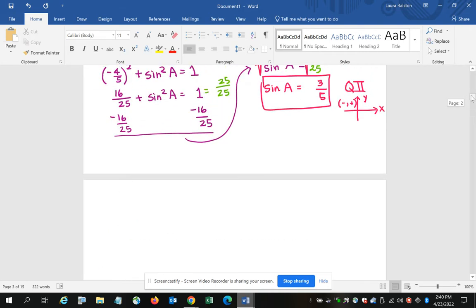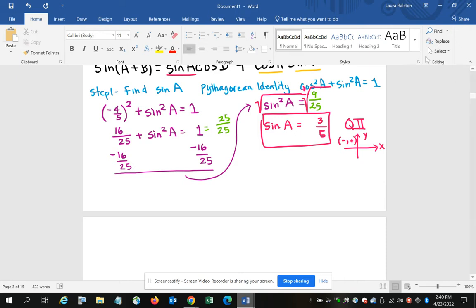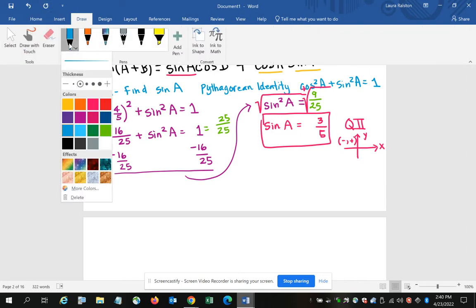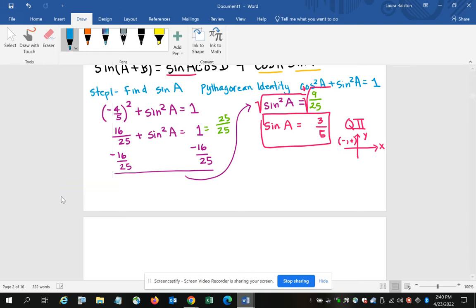Okay, so step 2 here is to find cosine B. And I'm going to do the same thing.